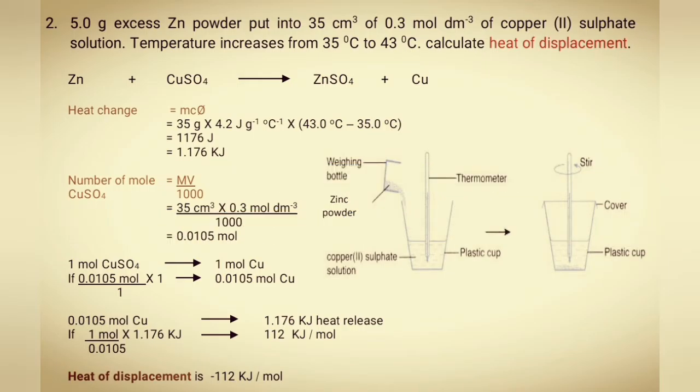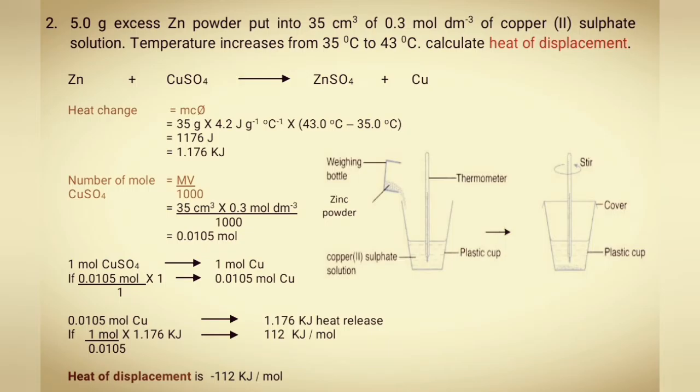And next, calculate the number of moles of copper(II) sulfate solution given in this situation. We cannot calculate the number of moles of zinc because the zinc powder used in this reaction is in excess.